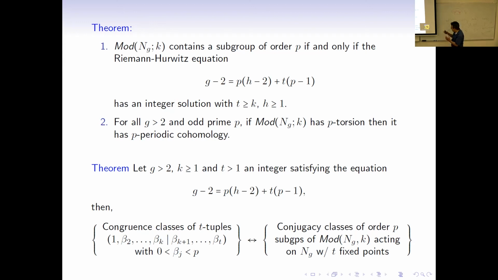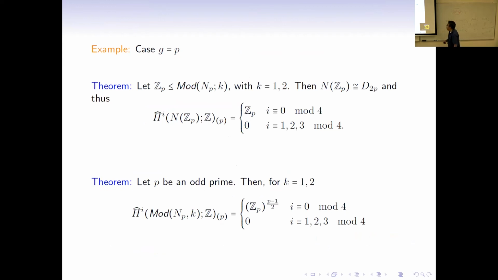So you can identify the list of conjugacy classes in several cases. One very easy case is when the genus is equal to p and the number of marked points is 1 or 2.